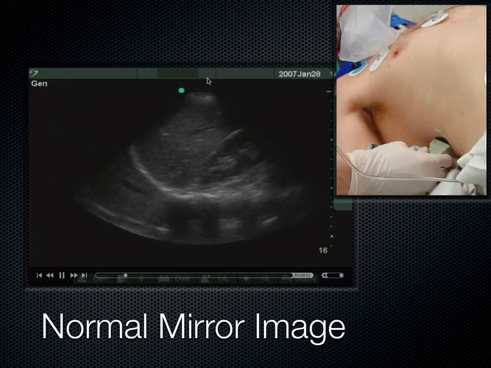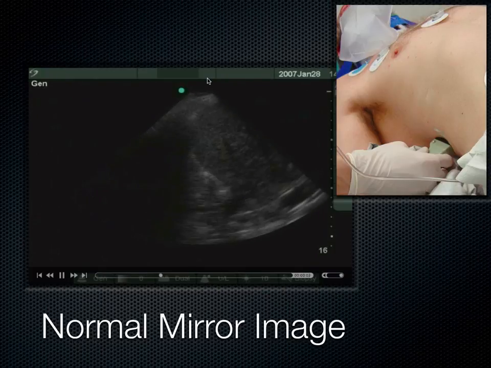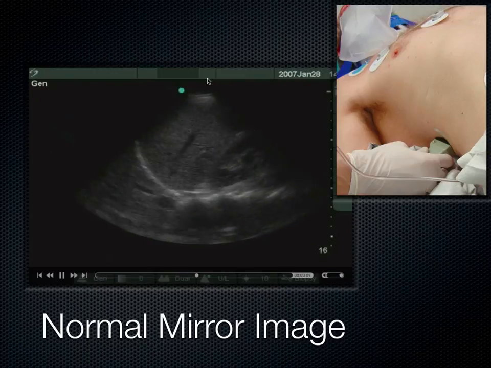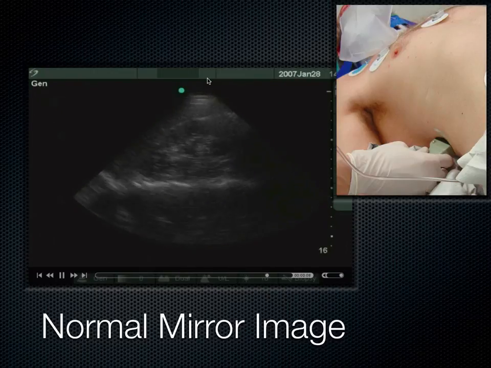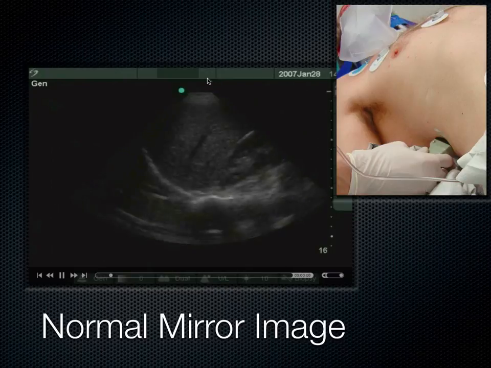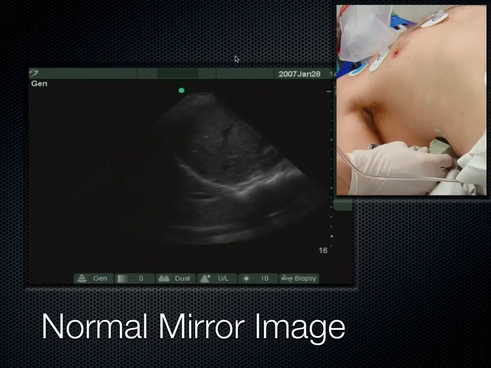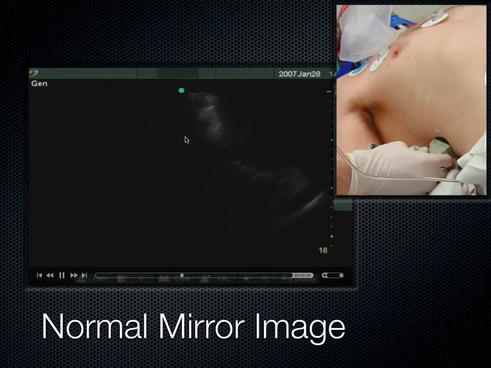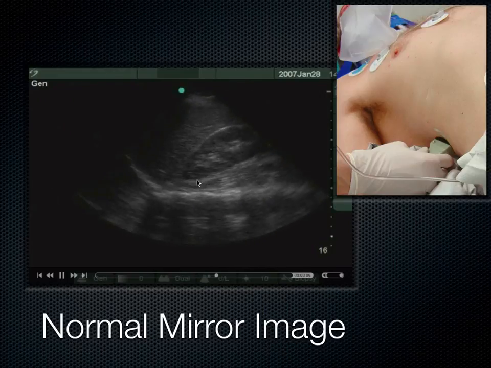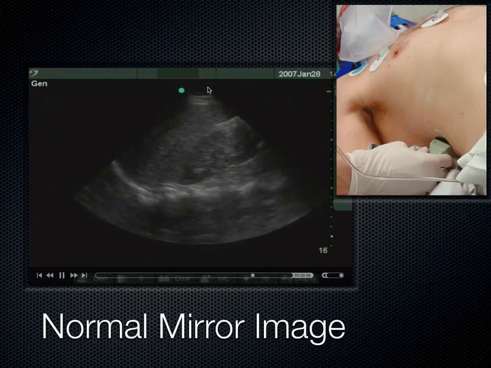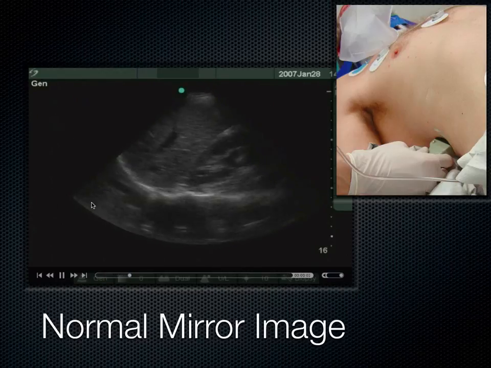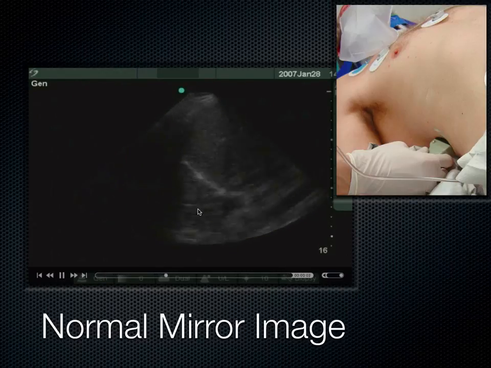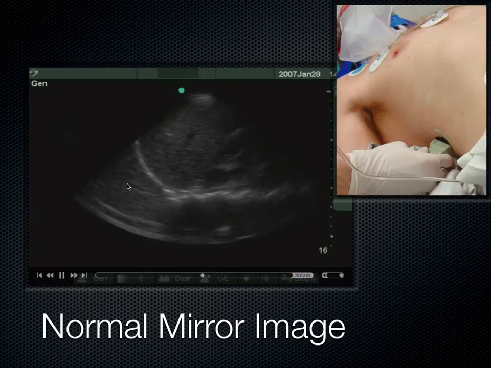And because to the machine, time is distance, time is depth, that delayed signal coming back through the liver appears as if there's liver deeper on the image. So if you can imagine this ultrasound beam coming through, skating off, coming back up to the probe, and the probe thinking, oh, that looks like liver, but it looks like it's down here, then you end up seeing what looks like liver on the other side, and you can even see the vessels and everything else.